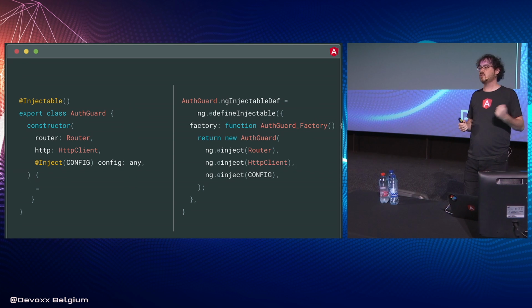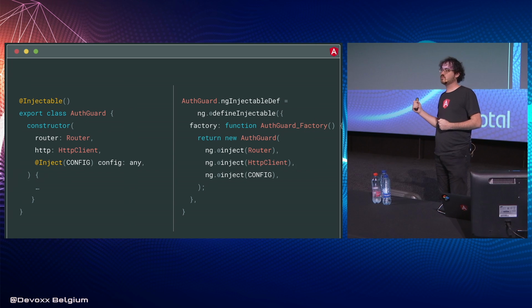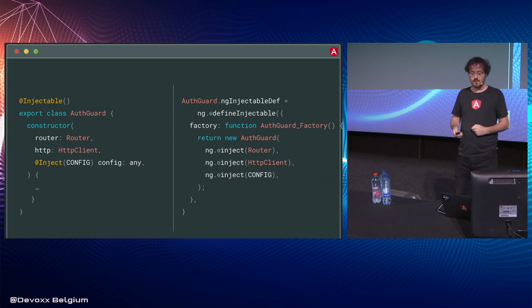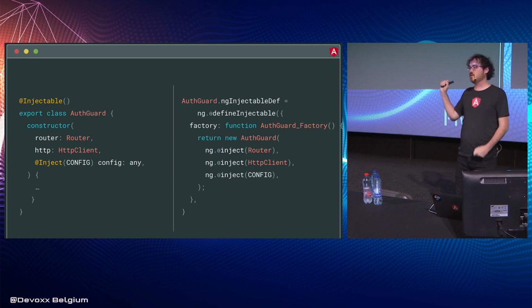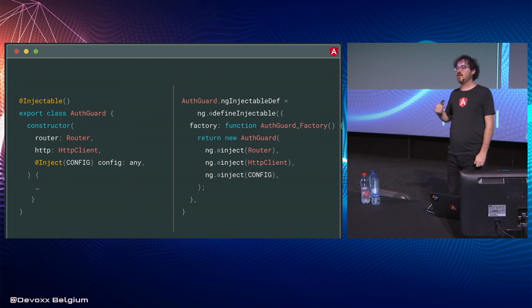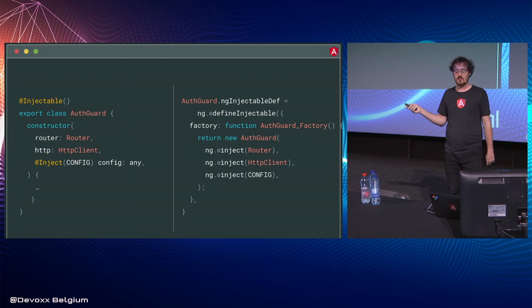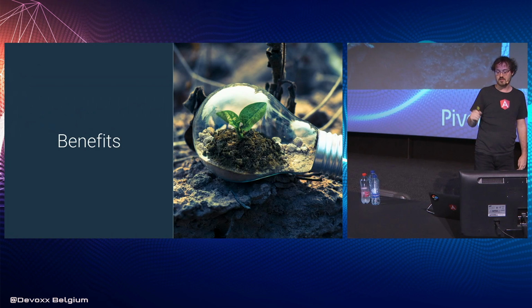This is actually how my mental model of dependency injection works, right? You first inject the parameters, and then you call a constructor. And one thing to note here is if this service had no dependencies, you wouldn't end up actually writing a reference to the inject instruction at all. The factory function would simply be new AuthGuard, open paren, close paren. That's not an accident, as we'll see.